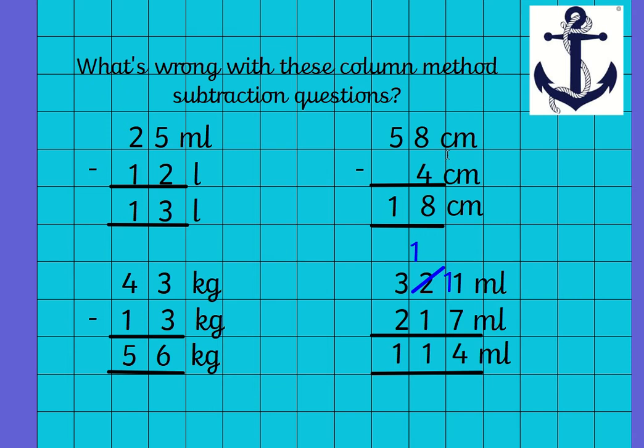But the problem here is that 8 take away 4 doesn't equal 8, does it? And nor does 5 take away nothing equal 1. So this problem should have read 54, not 18. So we've got ourselves in a little bit of a pickle there, haven't we?